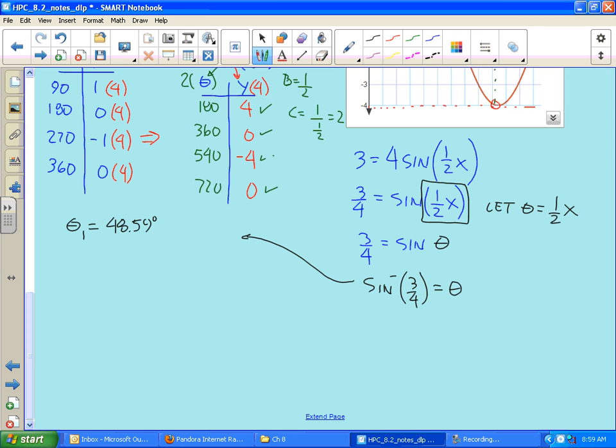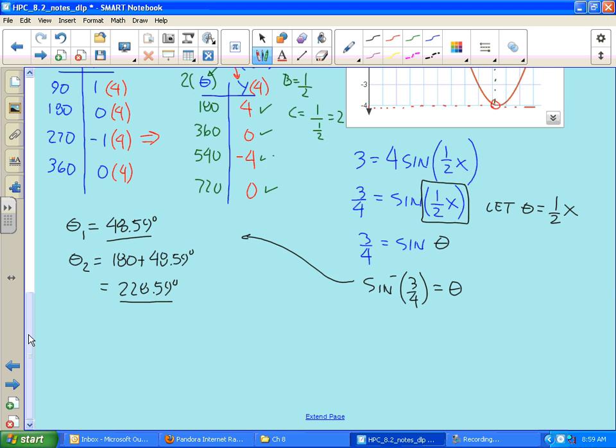So we're going to find out our other answer here in just a second. So theta 1 would equal 48.59, and we know quadrant 2 would be the other place. So we have 228.59 degrees. So our two answers of just this value of this angle would be those.